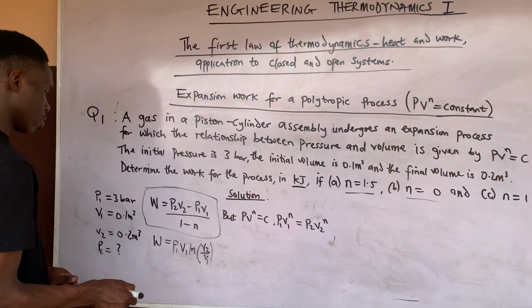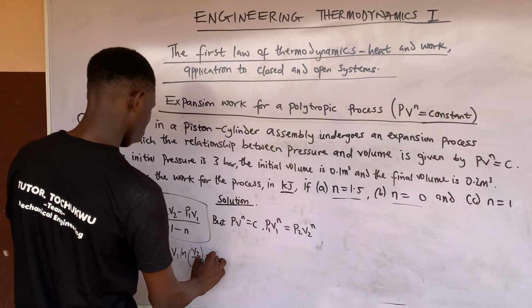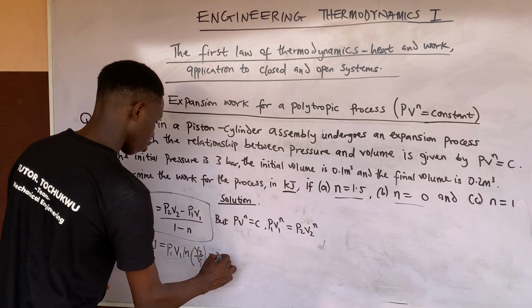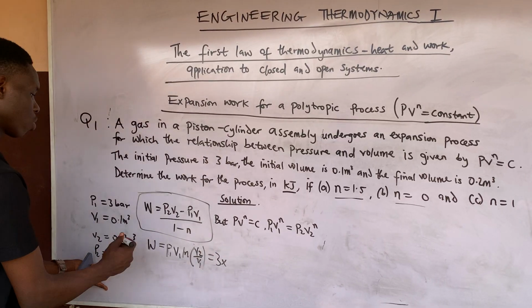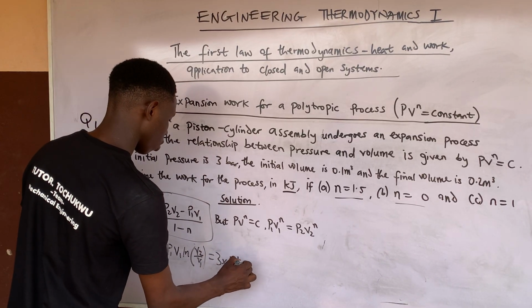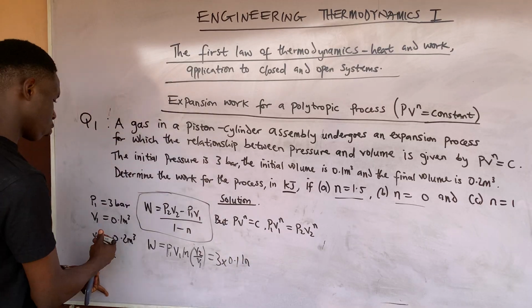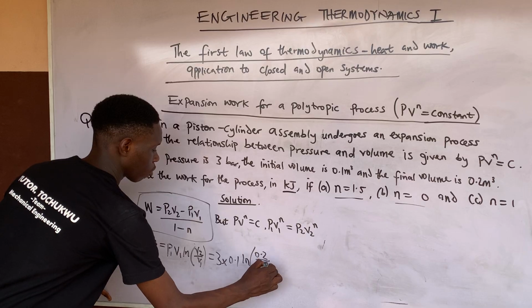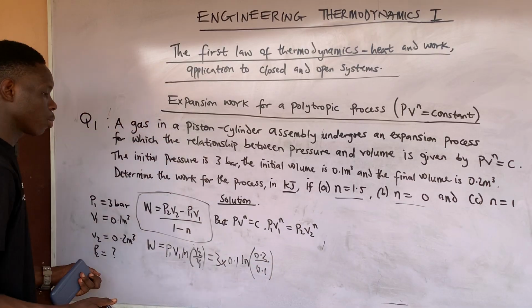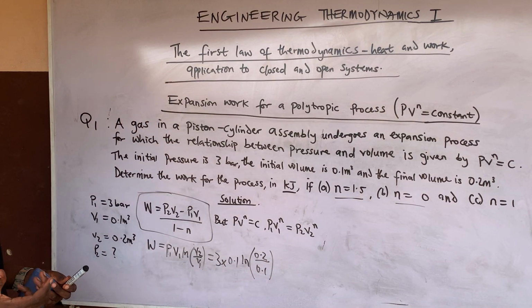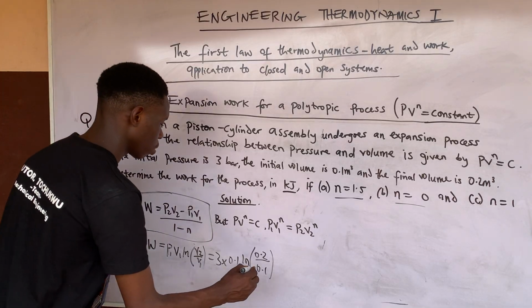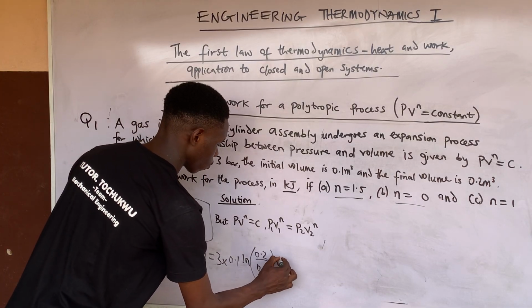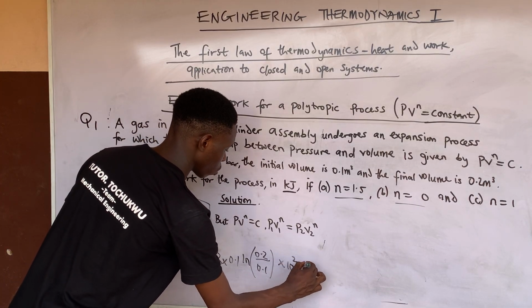Now, we have this equals 3 multiplied by V1, 0.1, natural log of V2, 0.2, divided by 0.1. Then to get our result in kilojoules, we have to multiply the whole thing by 10 to the power of 2.